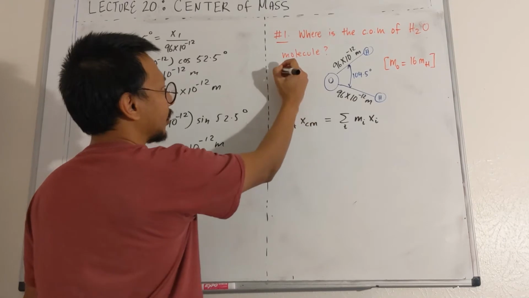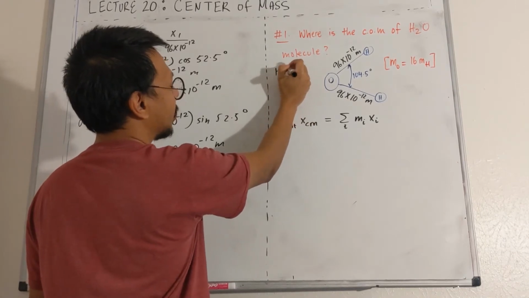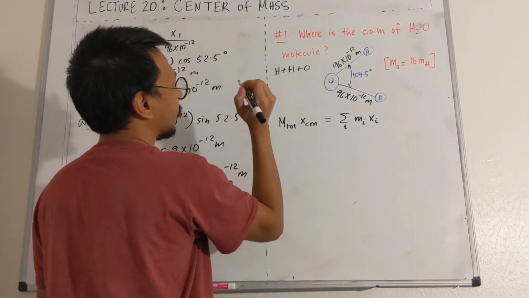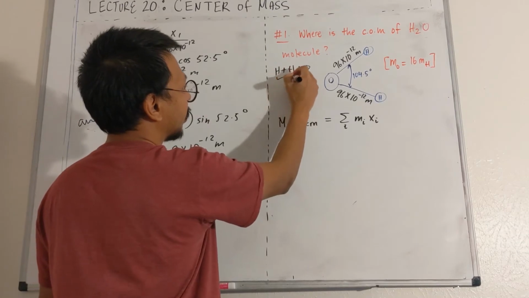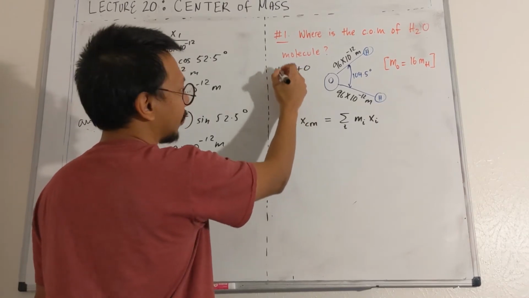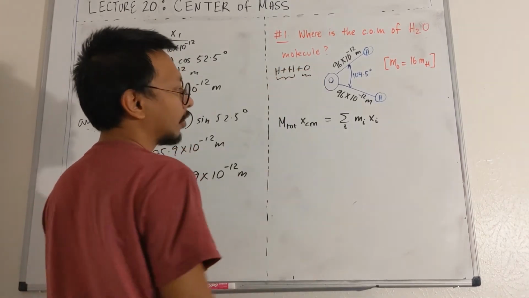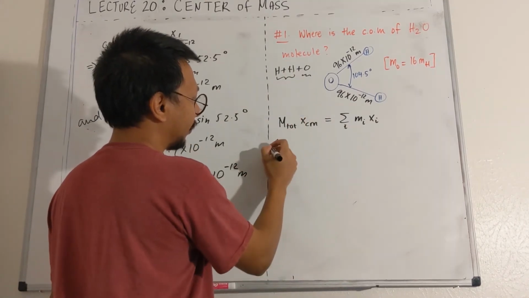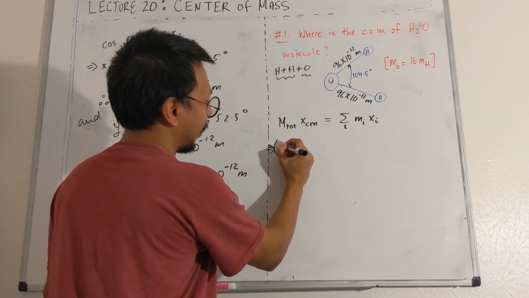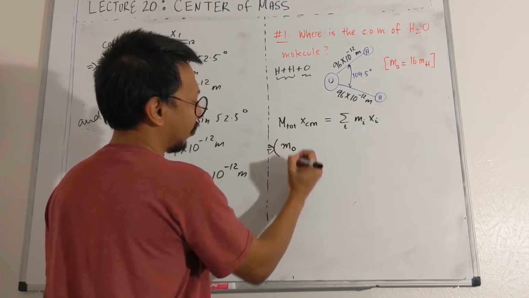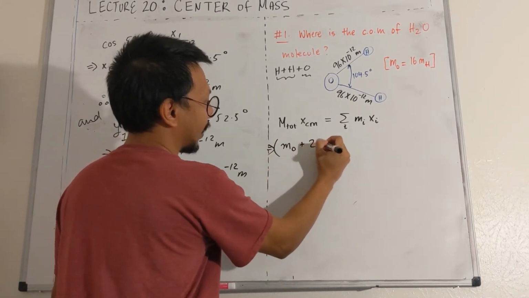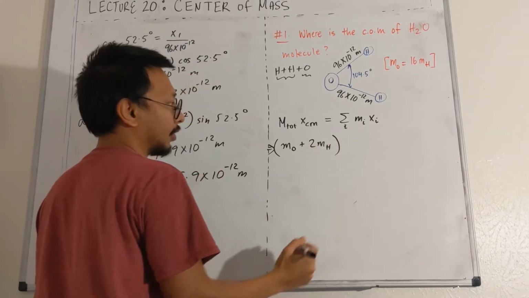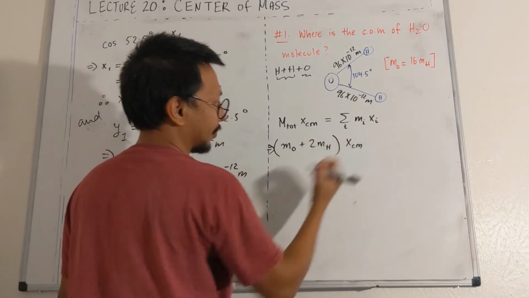The system consists of 2 hydrogen, so H, plus 1 oxygen. So it has mass contribution by 2 hydrogens and 1 from oxygen. So the total mass would be the mass of the oxygen, MO, plus 2 times the mass of the hydrogens, times the x center of mass position.